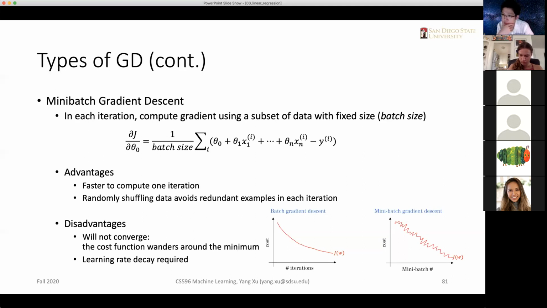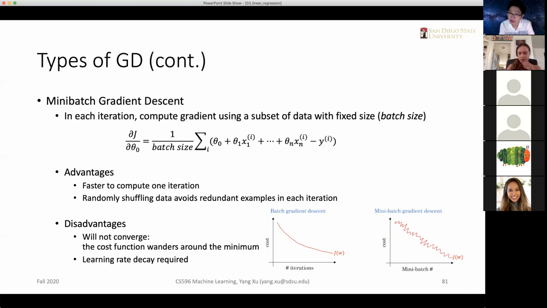I've got a question. Is there a convention for selecting the mini batch size? One convention is that people like numbers that are 2 to the power of something, like 64, 128. The size of the mini batch also decides how accurate the gradient descent is.